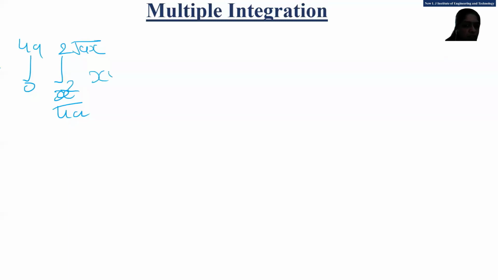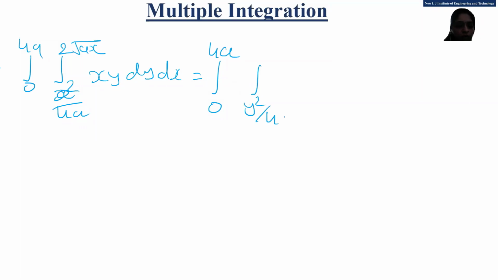As you have been given the question in the form 0 to 4a, x square upon 4a to 2 root ax, xy dy dx. After the change of the order of integration, it converts into the form 0 to 4a, y square upon 4a to 2 root ay, xy dx dy, right?